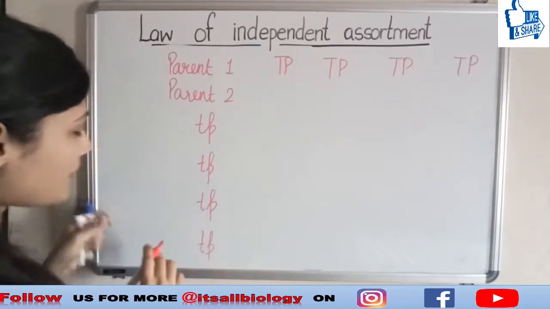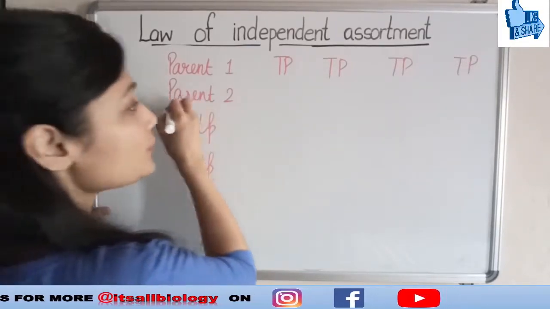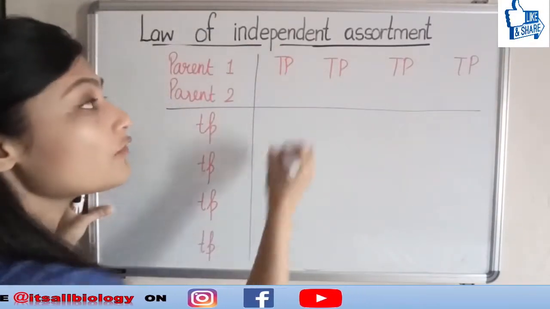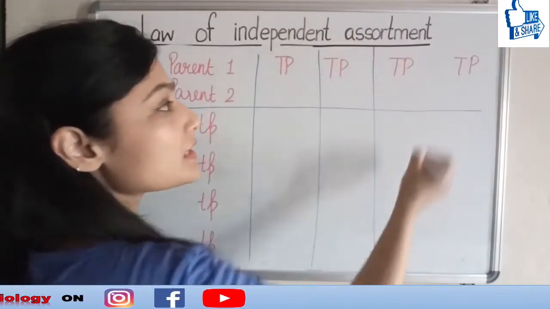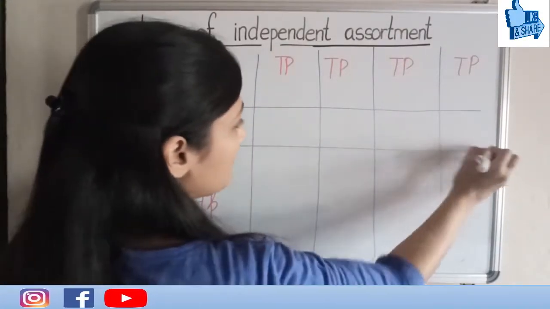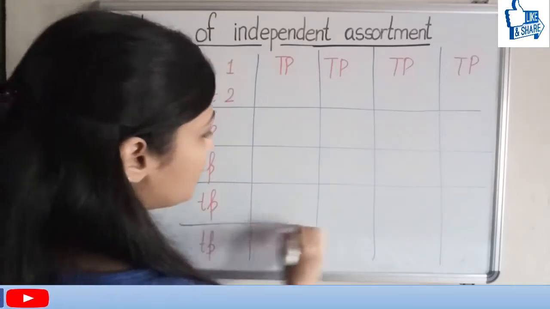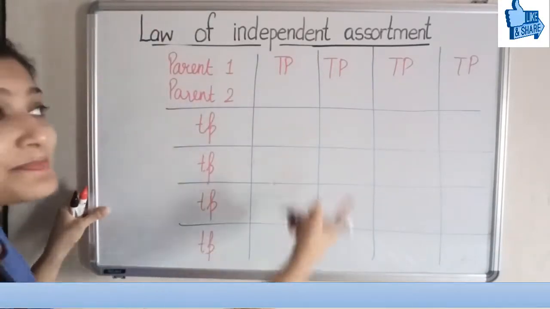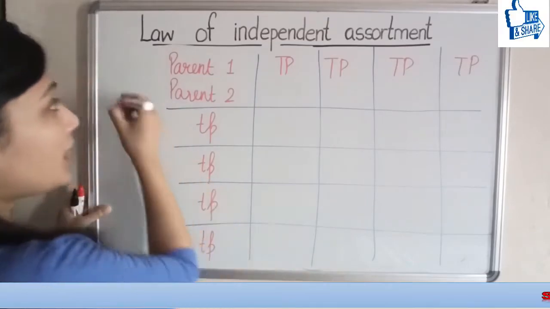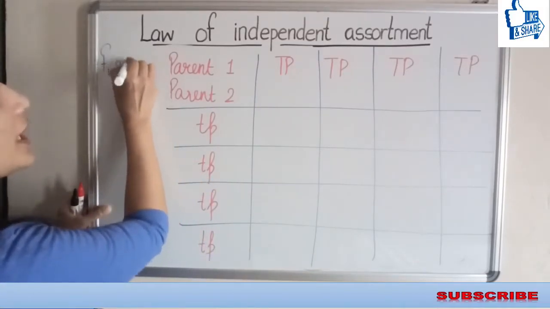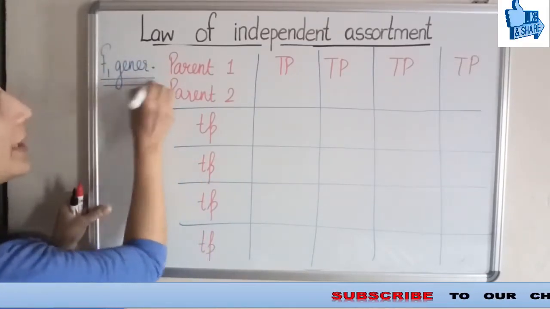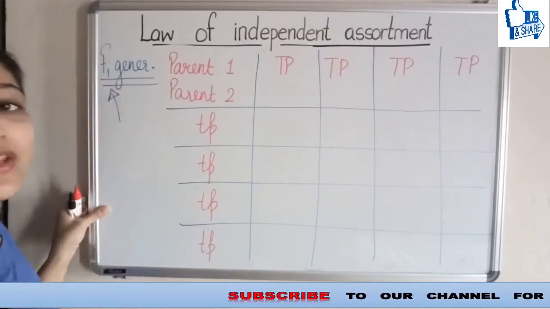To plot a Punnett square, we need the gametes of both parents. Now, using this Punnett square, I can find out the genotype and phenotype of the F1 generation.